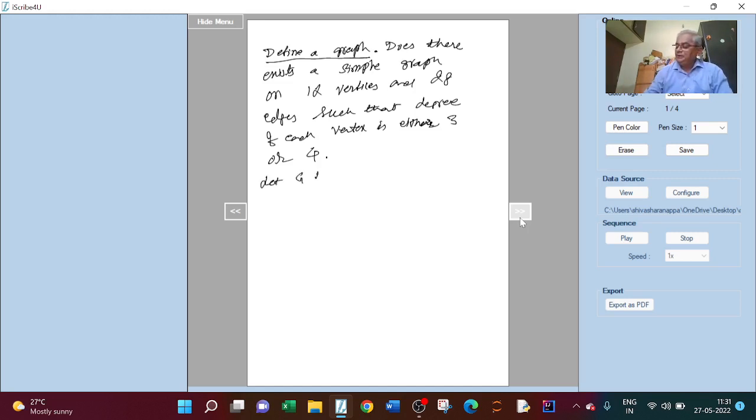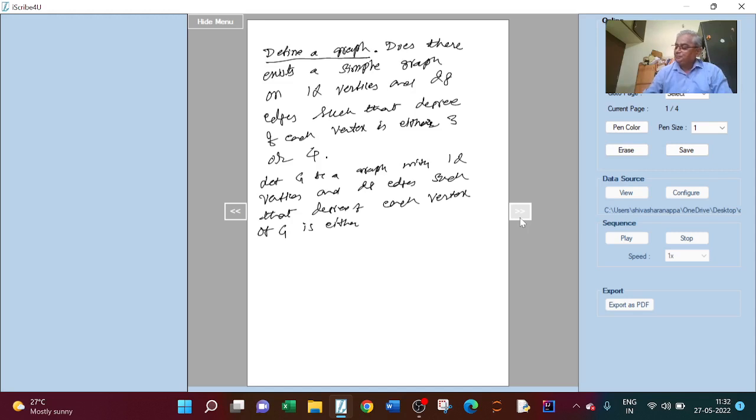Let G be a graph with 12 vertices and 28 edges such that the degree of each vertex of G is either 3 or 4.